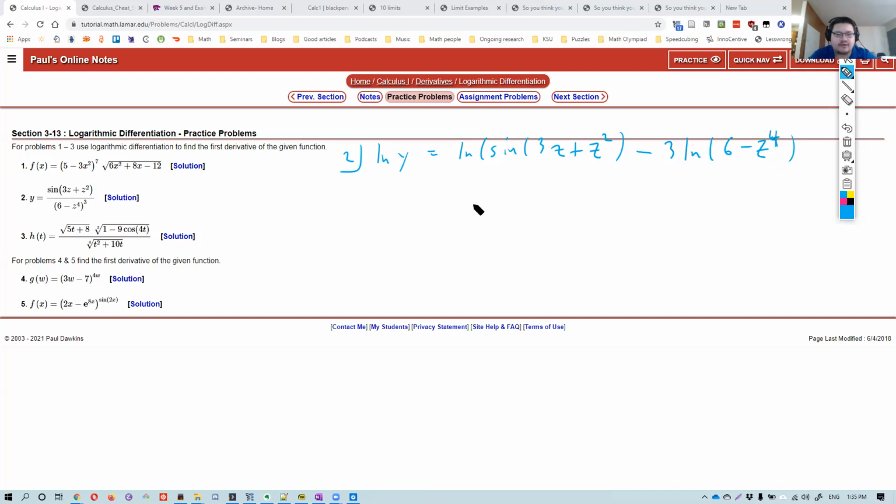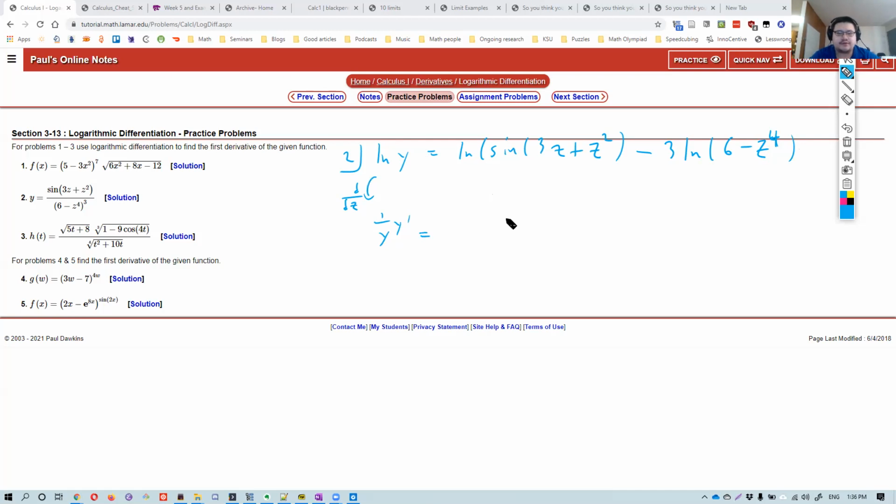Sort of writing on top of the line, which is not ideal. Okay, I think I did that right. And then from this point on, we take the derivative d/dz in this case, because our variable is z. Here we'll have 1 over y times y prime for the left-hand side.